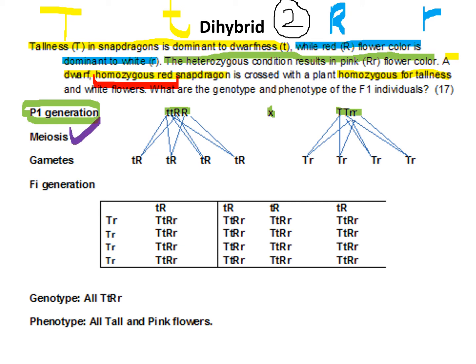Meiosis takes place and then your gametes will be formed. In order to understand this concept of your gametes, you need to look at your first allele and then relate it to a possibility of the allele of your other genes.